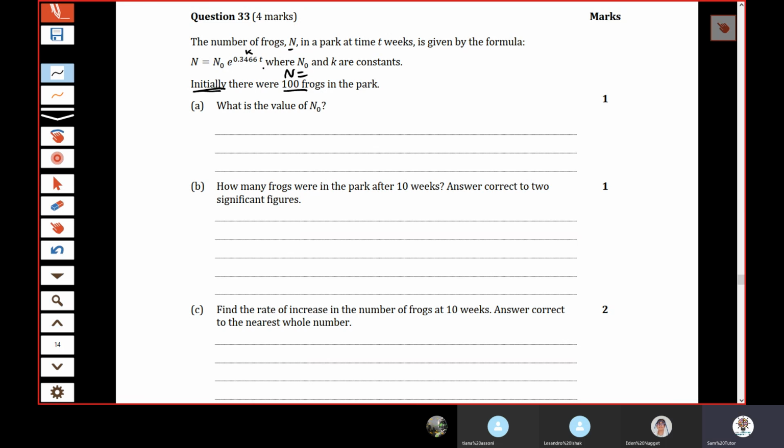So what letter? Look at it properly. T. Because T represents what? Time. And then at the start, initially time equals? 0. Always. You gotta memorize that. Initially, time equals 0 at the start.